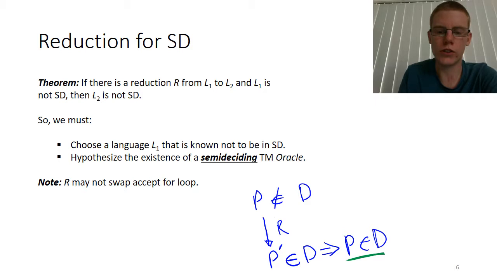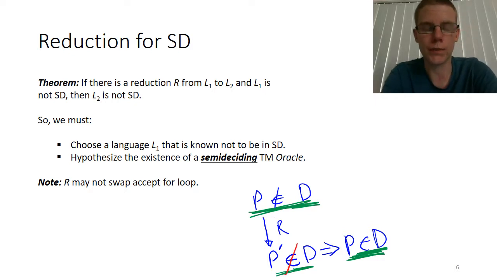If we have a solution for this problem, then we must have a solution for this problem, but we know that we do not have a solution for that problem, therefore we do not have a solution for this problem.